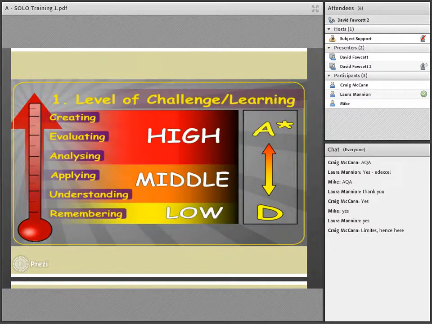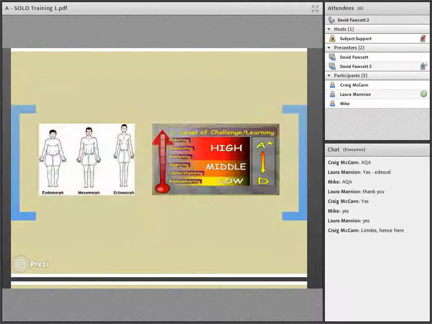Things like Bloom's work really well and are good for thinking about questioning, but for planning lessons and challenge, it's quite hard for a student to look at that ladder and think, right, I'm at the remembering stage, I need to move to understanding, then applying, then analysing. It's hard for them to see what the next task would be independently of us asking them to do something, which is why we've moved on to using SOLO taxonomy instead.